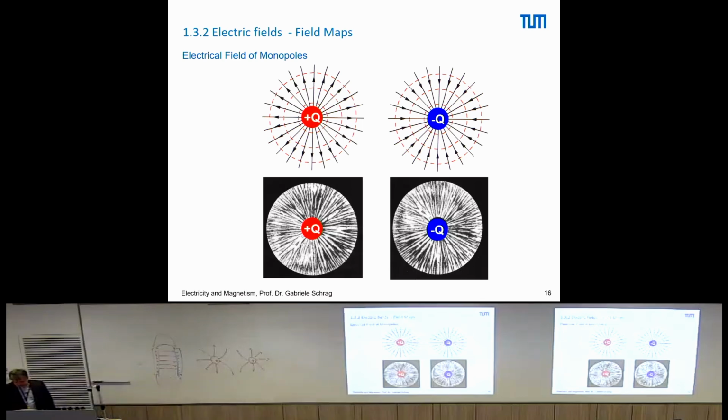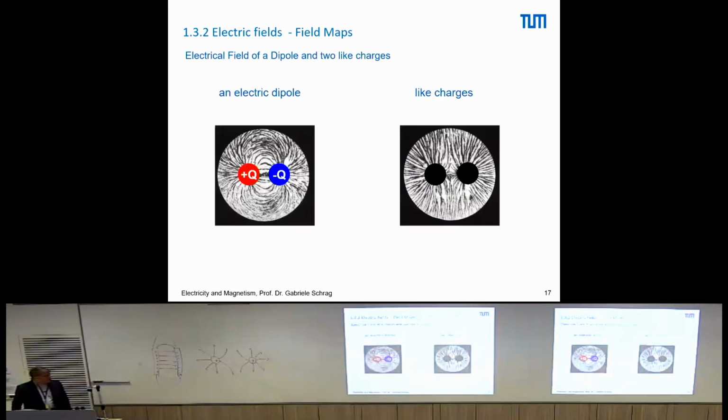Now these are single charges, plus and minus, and what happens if you bring in two charges of opposite sign? Then you see they run from Q plus to Q minus, straight here, and then here they go curved out, and here they go straight into the other direction.